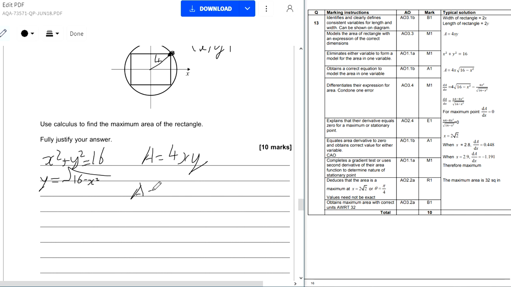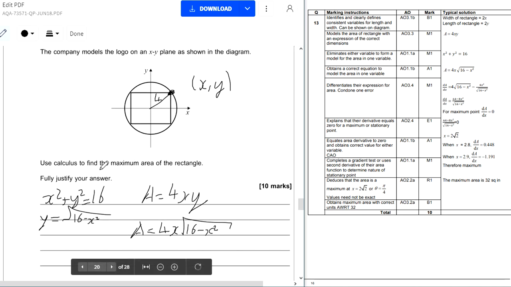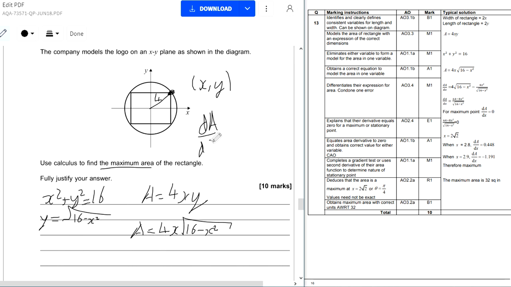So the area is now completely in terms of x, which makes it very nice for differentiation. Because what we're trying to do is find the maximum area. So if dA/dx equals 0, then we find either a maximum or a minimum for the area.